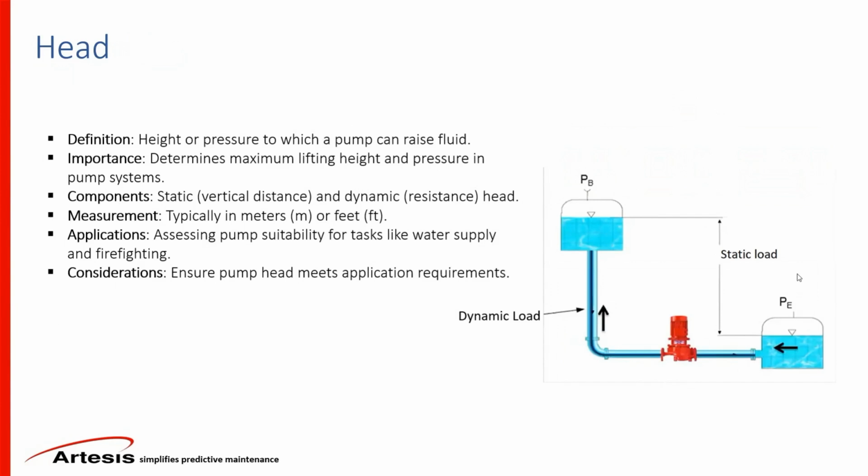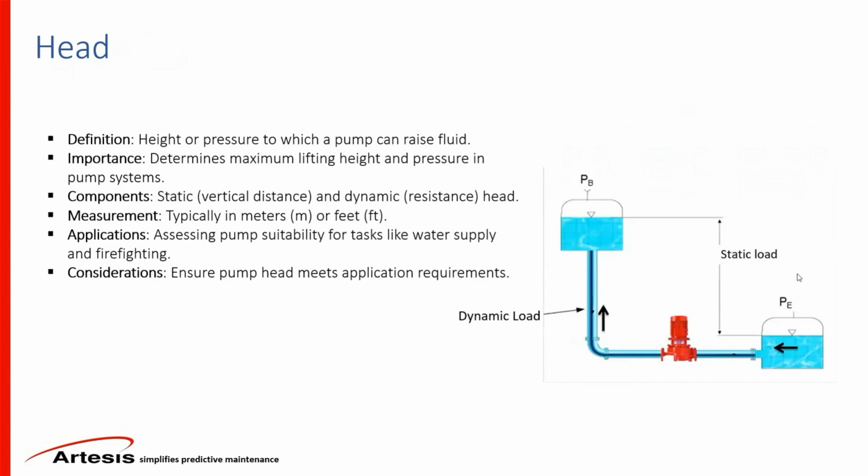So, determining pump suitability for specific tasks such as water supply systems, or different applications, you have to know the head, how high you would want to pump the fluid. This is, of course, needed for assessing the system requirements and pump performance optimization.